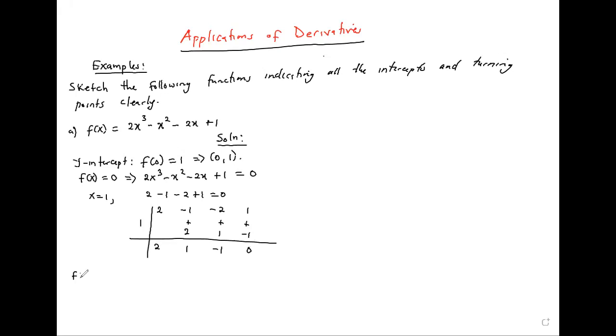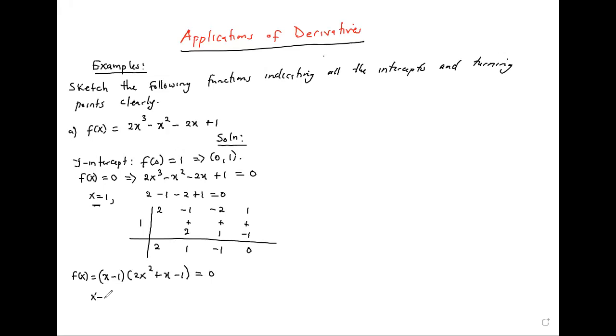So we're saying f of x is the same as x minus 1, and then 2x squared plus x minus 1 is equal to 0. This means that if you look at this function here, we're able to factorize it. The product is negative 2, and the sum is 1.